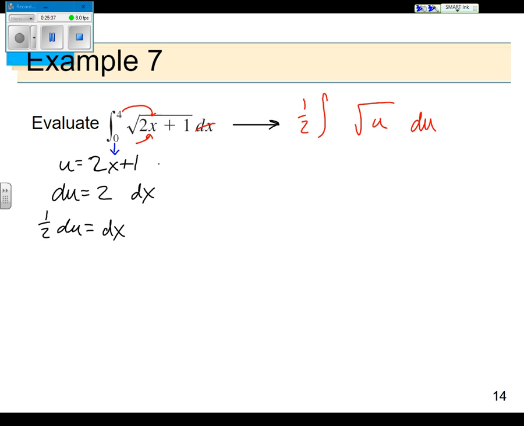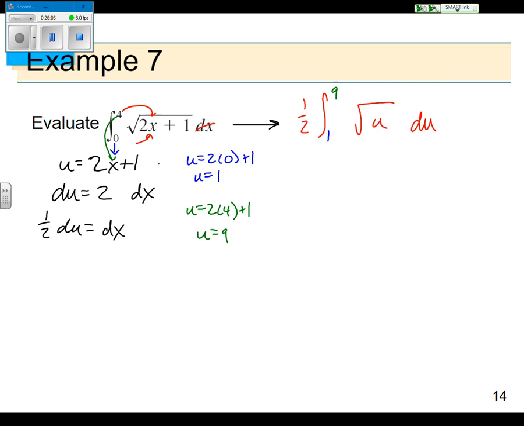If I plug 0 in for x, I get u equals 2 times 0 plus 1. My new lower limit of integration is 1. I'm going to do the same thing for this 4. I'm going to take this 4 and plug it in for x. That's going to give me my new upper limit of integration, which is 9.